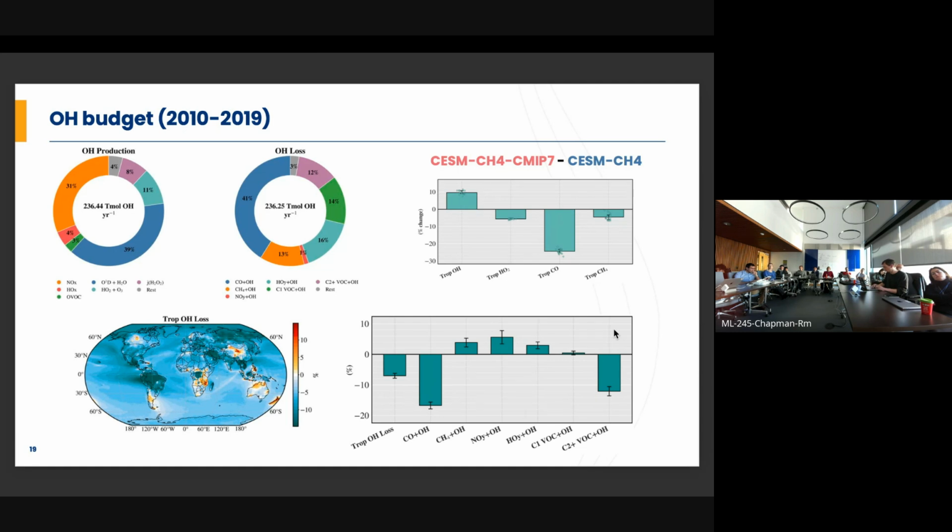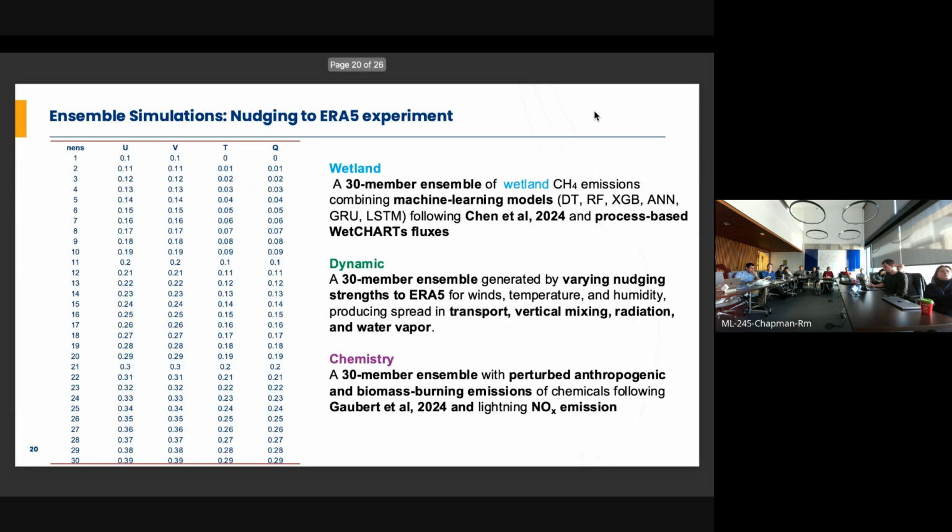And this feeds back to all the other families interacting with OH. With C2 as shorter species, shorter lifetime, so it would be impacting the same way, where the ones with longer lifetime are impacted as a result of those perturbations.